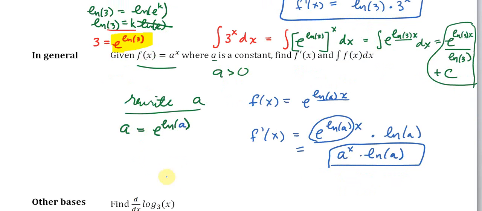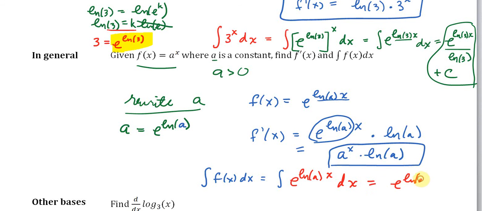And also, the antiderivative. The antiderivative of f of x in this particular case is going to be equal to the antiderivative of e to the natural log of a times x, dx, which is equal to e to the natural log of a times x, all divided by the natural log of a, plus a constant.